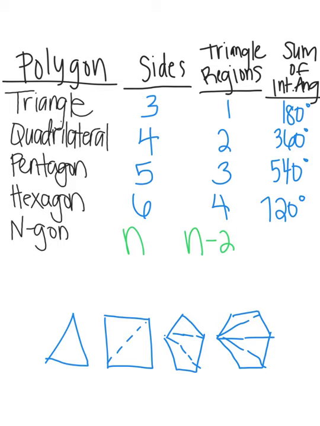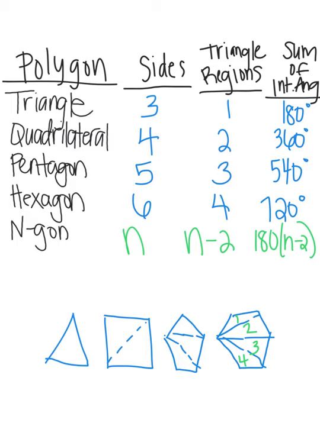Then, to find the sum of the interior angles, I multiply the number of triangular regions by 180. So for example, a hexagon, which has 1, 2, 3, 4 triangular regions, I would multiply that by 180 and get 720 degrees. So to find the sum of interior angles of any polygon, I would just multiply my triangular regions, which is represented by n minus 2, times 180.